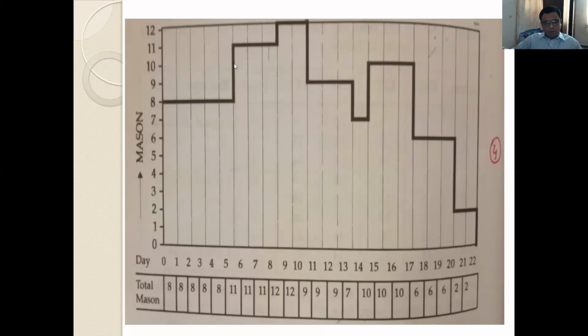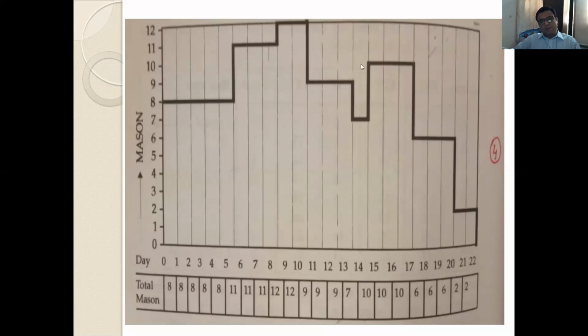They do not have any work. But at the beginning of the 6th day, the resource required will go on increasing, beyond 10. So in that case, you have to employ additional masons, up to 12.